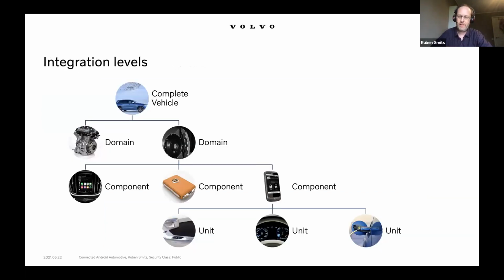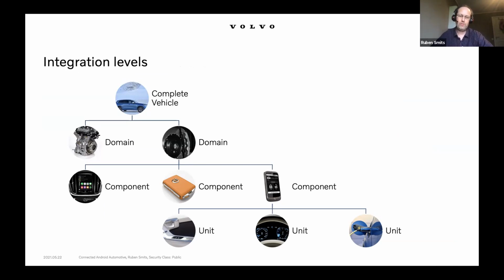Now, what do the integration levels look like? At the bottom, we have unit tests. Unit tests are really easy to create. They're cheap and you get very fast feedback. A little bit more complex becomes component testing, but still quite easy to set up and quite fast. Then we get the domain level.